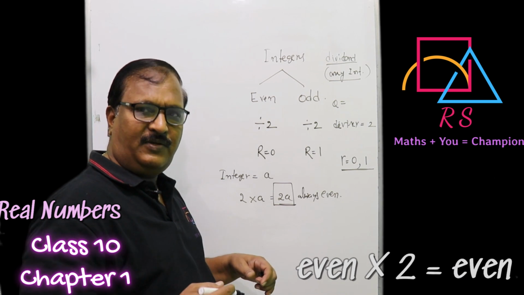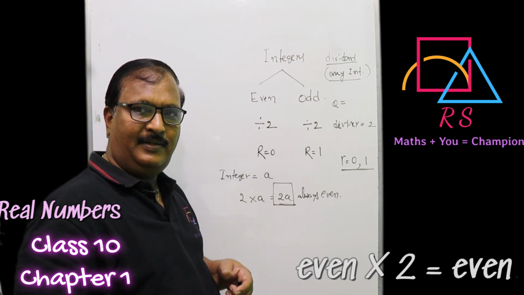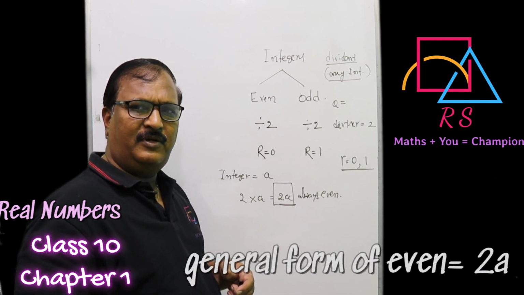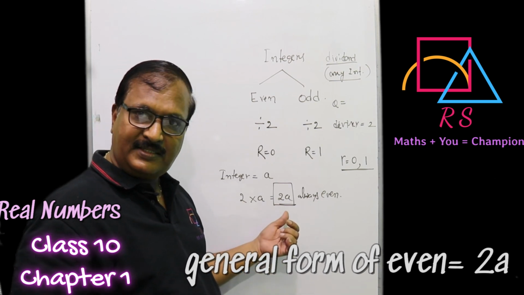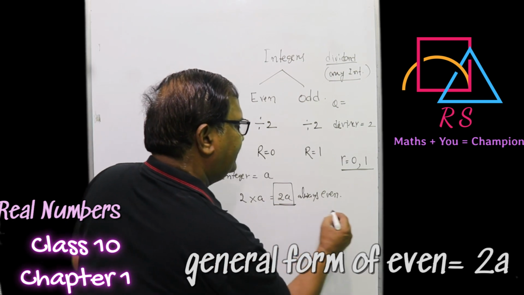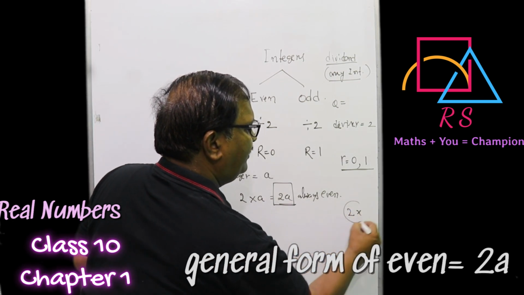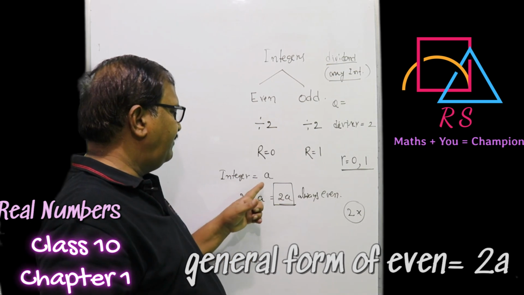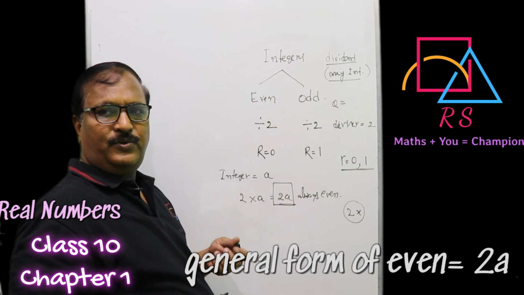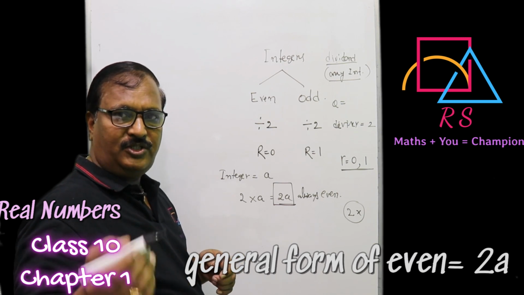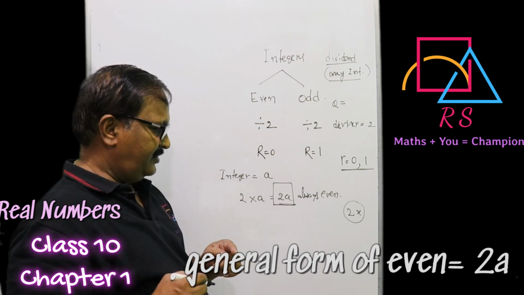In different problems we have to assume some variable. For the sum of two even integers, you can take 2x. Generally we use the variable x. Here I have used the variable a. You can use x or z, whatever is comfortable, but don't get confused.